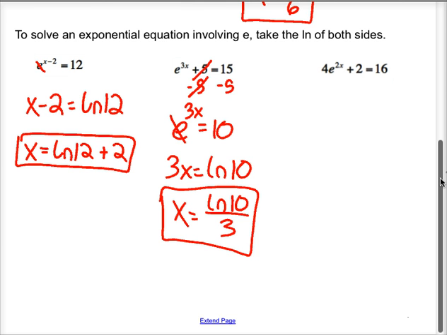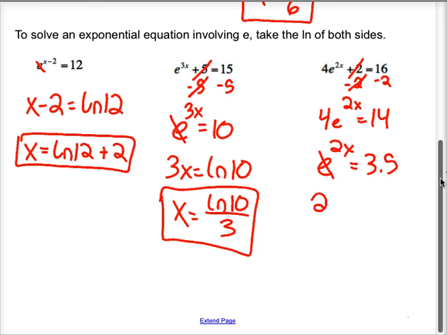Okay, or in this case, you want to subtract 2 from both sides, divide by 4. So 14 divided by 4 is 3.5.